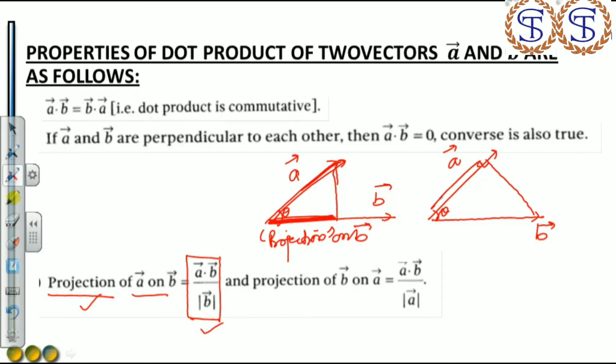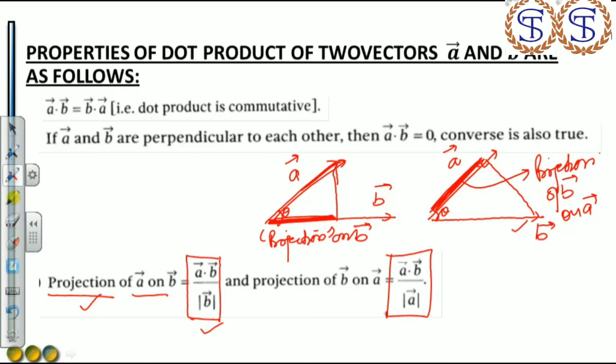Now this is the part on which the shadow of the B vector falls on A. That's why this is known as the projection of B vector on A, and it can be found by the simple formula A dot B upon modulus of A. It means projection of A on B is A dot B upon modulus of B, and projection of B on A is A dot B upon modulus of A. Clear? This is the way to find the projection.